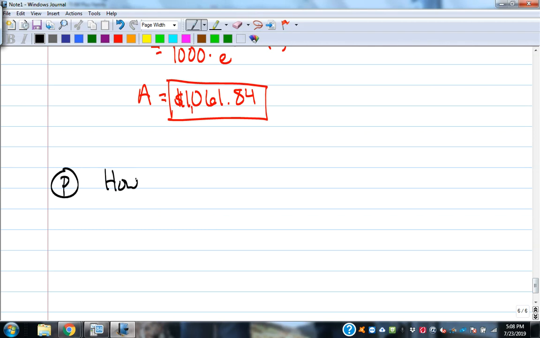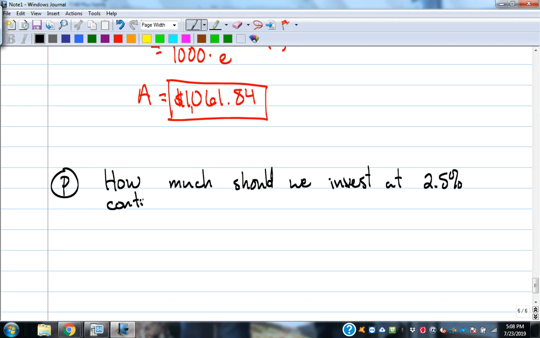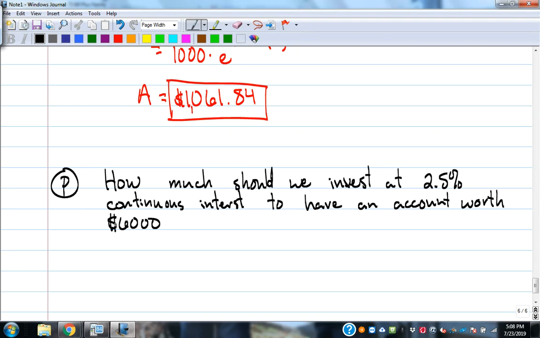So how much should we invest at, let's say we had a 2.5% continuous interest, to have an account worth, say, $6,000 in 15 years.